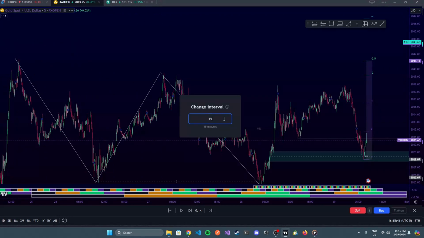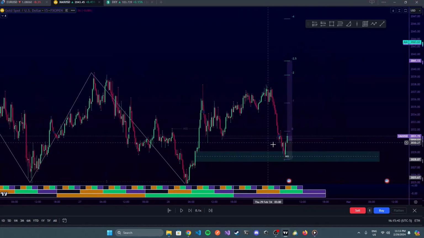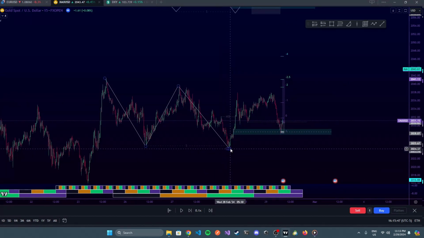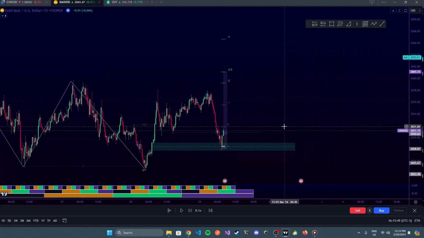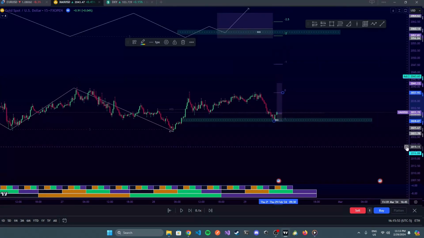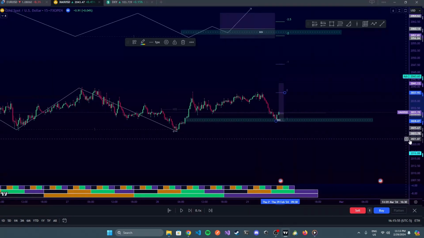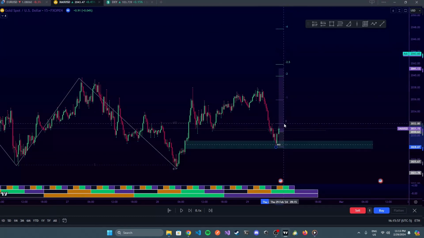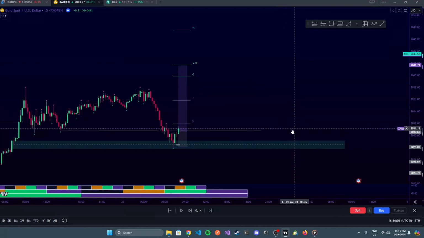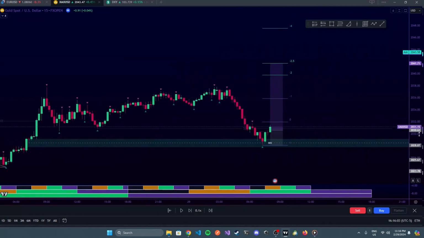You could even go up to the 15 minutes and see that this entire leg that broke structure could be used, but this is also fair play. In that case, a standard deviation of right about there would be good. So right there. So that's your order.